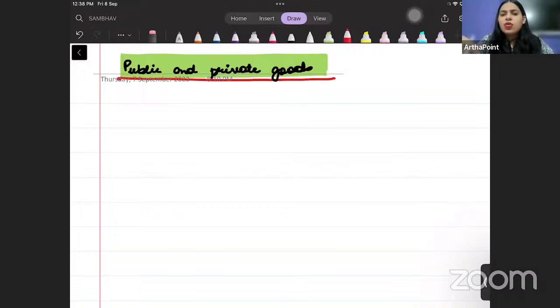So for your reading purpose, if you want to read one book where you can get a lot of these concepts, my suggestion would be to read Kulis and Jones.